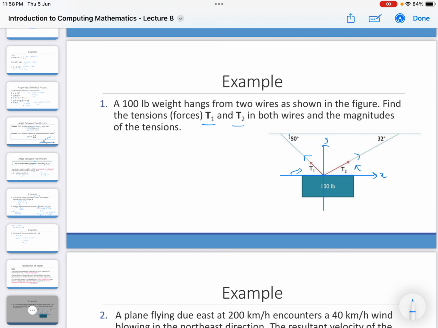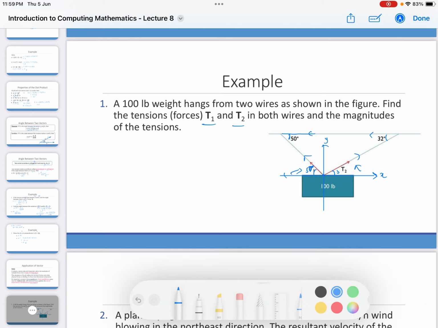So the angle here is 50. Since this one is parallel to this axis, the angle over here will be 50 degrees. And the same goes for this. Since this one is 32 and this one is parallel to the x-axis, over here the angle will be 32.